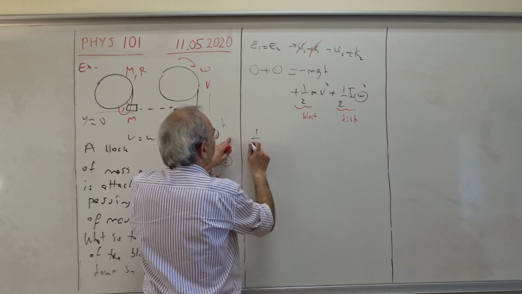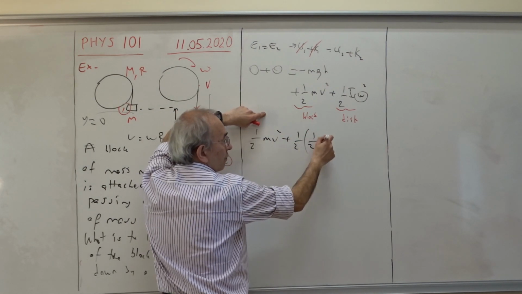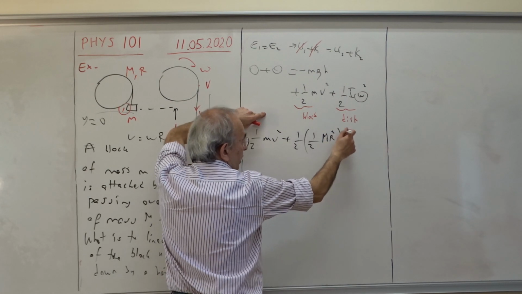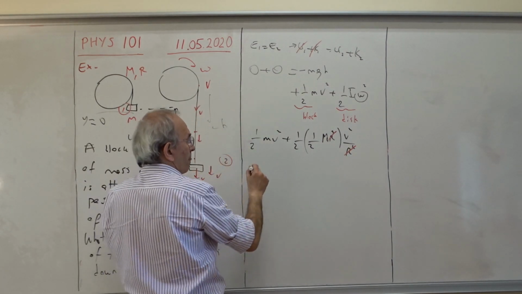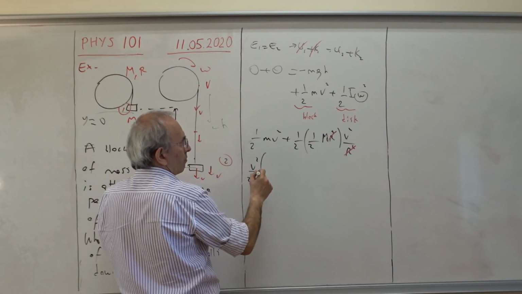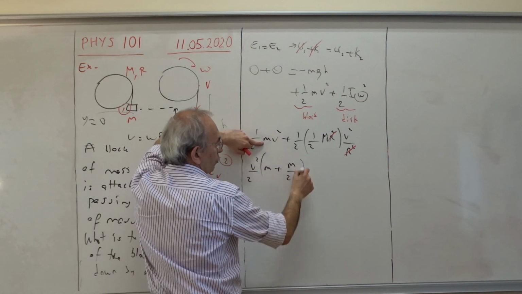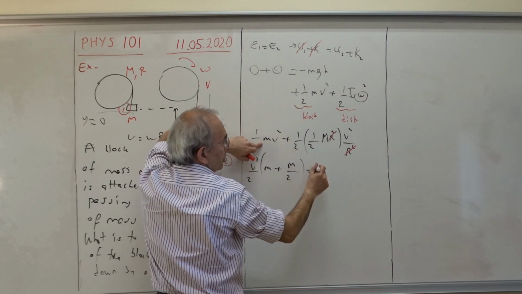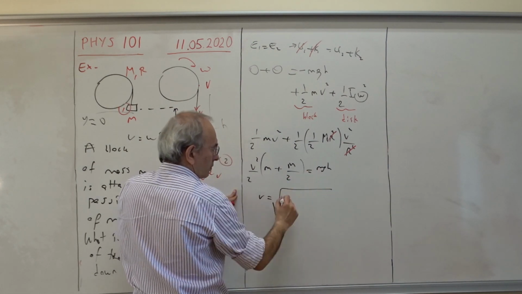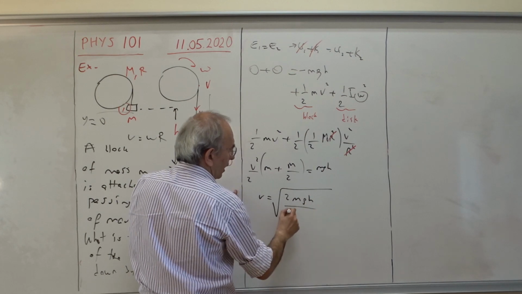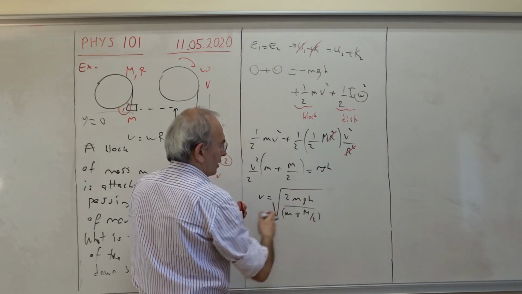So that 1/2 little m v squared plus 1/2, another 1/2 for the inertia, M r squared times v squared over r squared, so that these r squares will cancel, and v squared over 2 multiplied by little m from the first term plus capital M over 2 from the second equals mgh. And indeed, v turns out to be root 2mgh divided by this parenthesis.